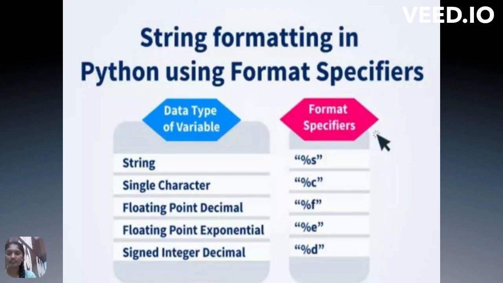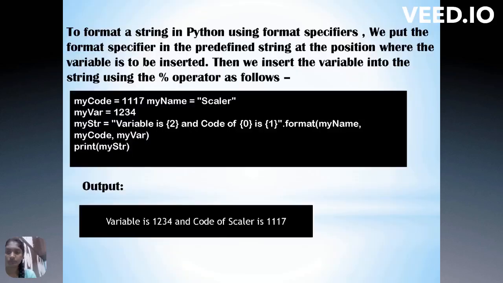Next, let us see example programs. To format a string in Python using format specifier, we put the format specifier in the predefined statement at the position where the variable is to be inserted. Then we insert the variable into the string using the percentage operator as follows. This is the example code.